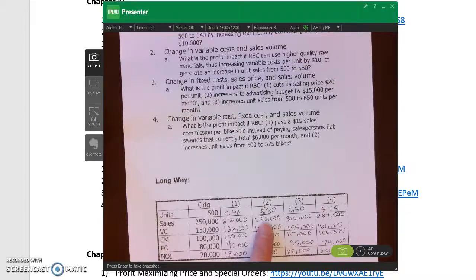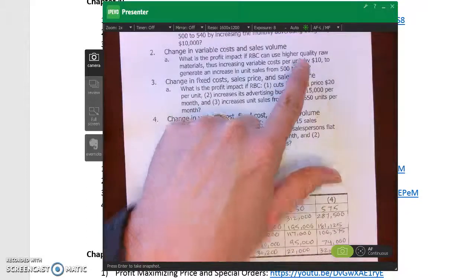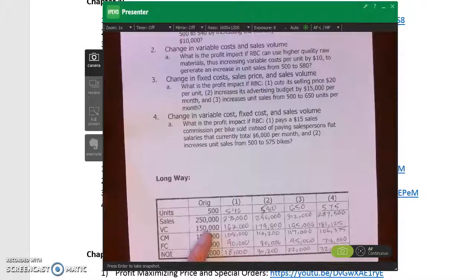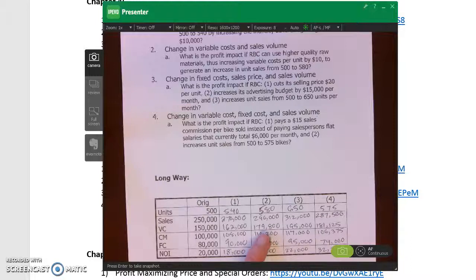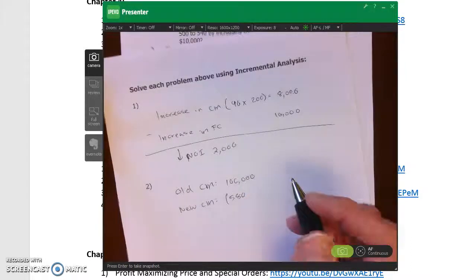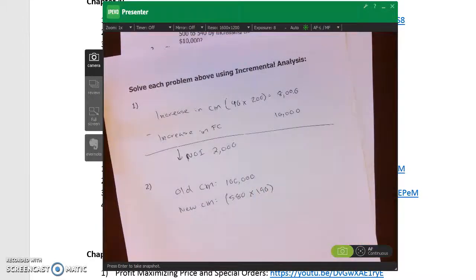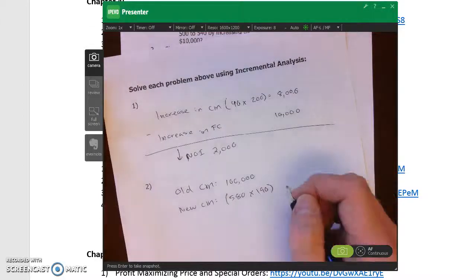Well, it's going to be 500 minus 310, because originally contribution margin per unit is 300, and it increases by 10 to 310. So 580 times 190 gives us a contribution margin of 110,200.